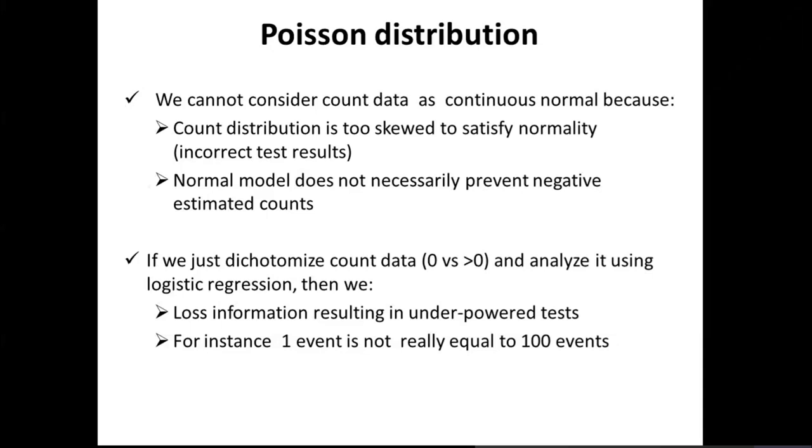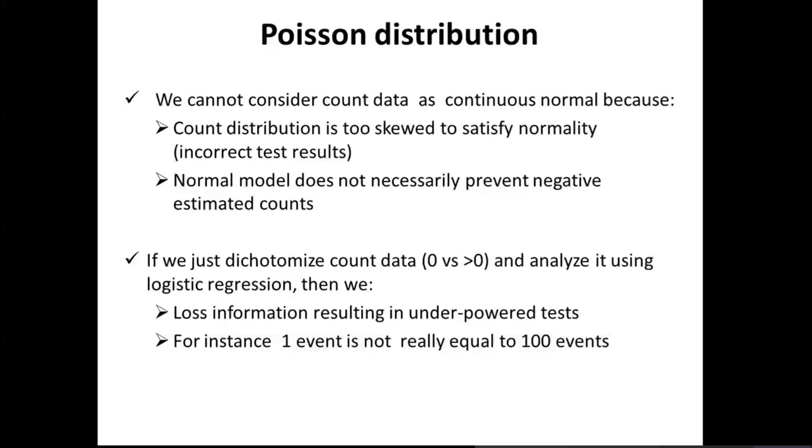And what if we dichotomize the count outcome? You can dichotomize the count outcome as greater than 0 or less than 0, greater than 10 or less than 10, and then you can use logistic regression. But that's loss of information, okay? For example, assume CD4 count, it's a count. If CD4 count is 500 and above, it's considered as normal, though not always, of course.